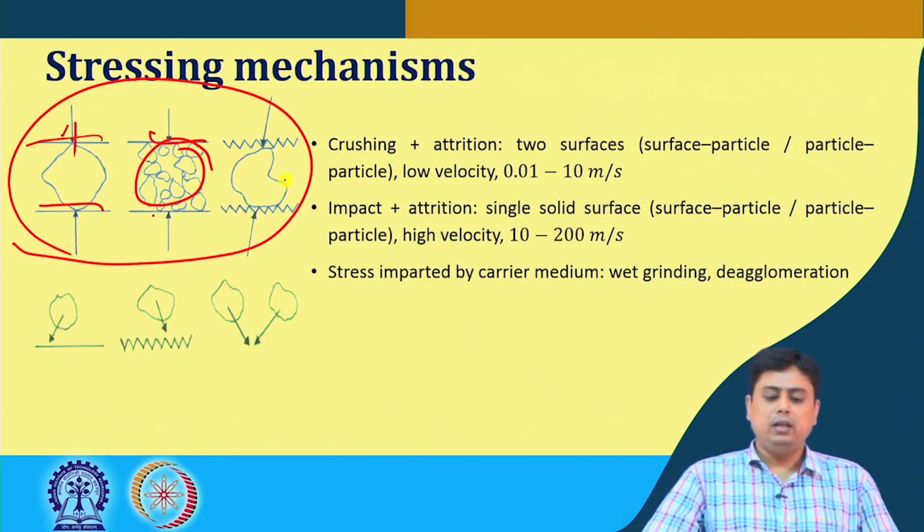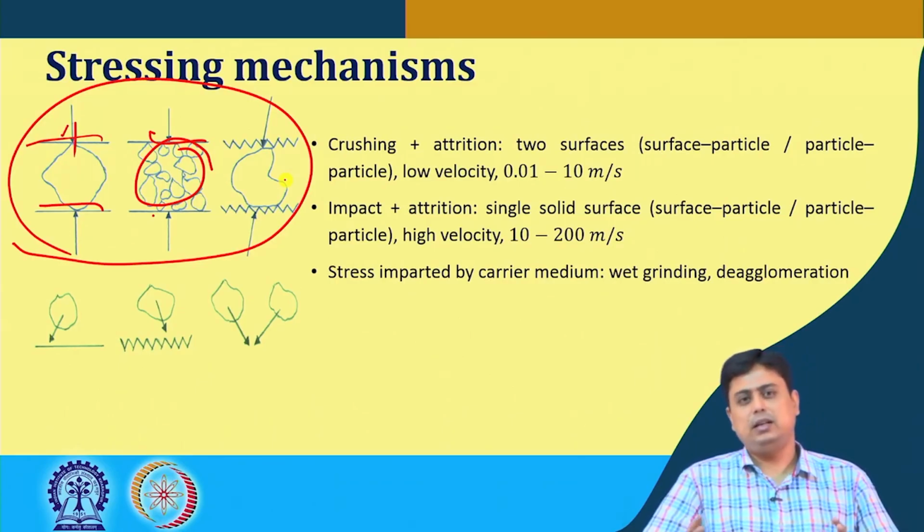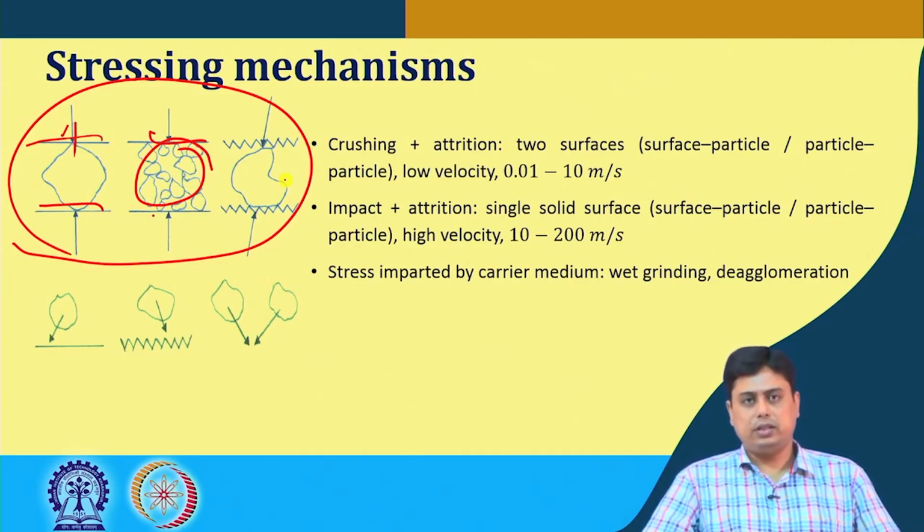The other can be the impact plus attrition. Attrition is typically there, though in some cases it is a less dominant mechanism. Typically, the dominant mechanisms are the crushing impact and the shearing actions. So, in impact plus attrition, what happens? A single solid surface is involved in that operation.